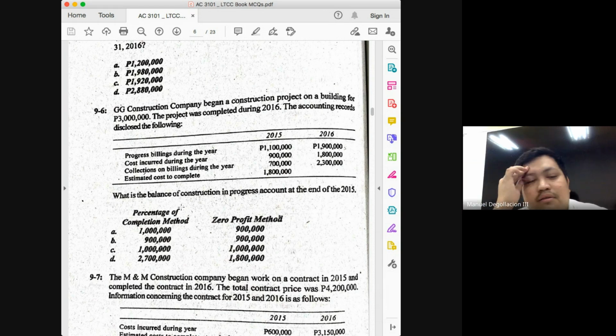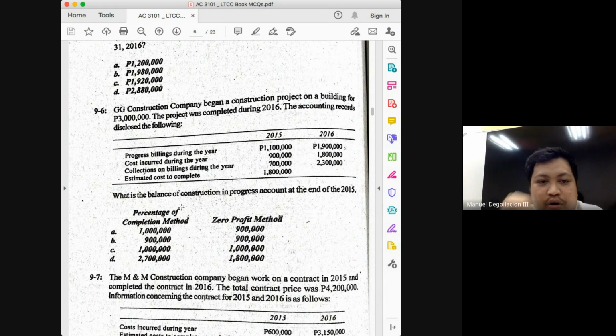Let me just quickly discuss this. Your construction in progress account will be composed of your construction costs and realized profit. Did we discuss this one? Construction in progress account will be composed of your cumulative profit and cumulative cost.